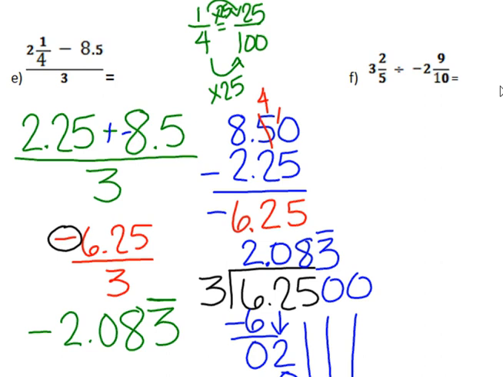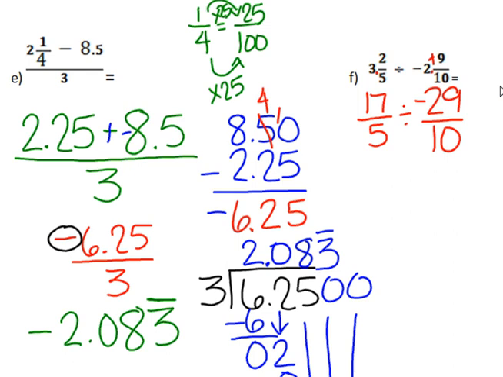All right, part F, we need to change mixed numbers into improper fractions. So I'm going to do 3 times 5 to get 15, plus 2 is 17. So 3 2/5 is equal to 17/5. Divided by 10 times 2 is 20, plus 9 is 29. So negative 29 tenths.